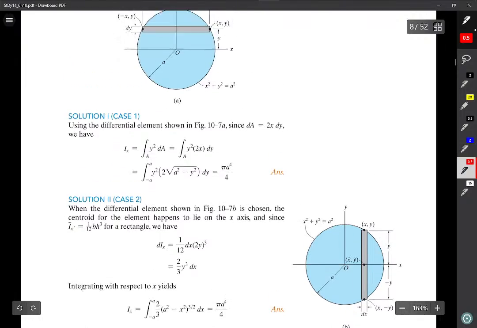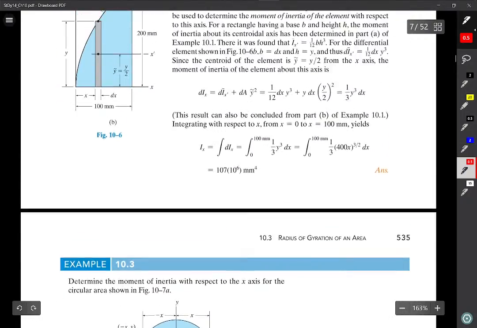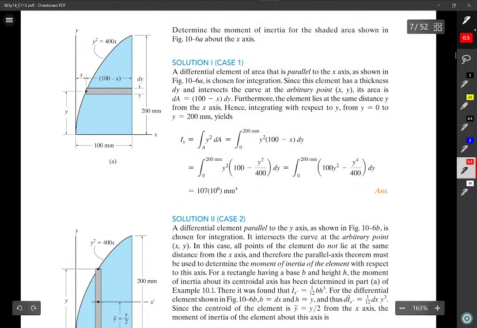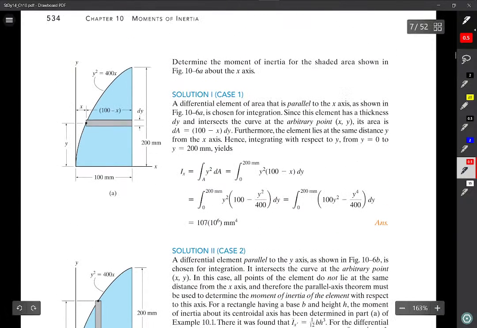So in his methods, okay, he wants to do it with a vertical bar or a horizontal bar. Let's see.